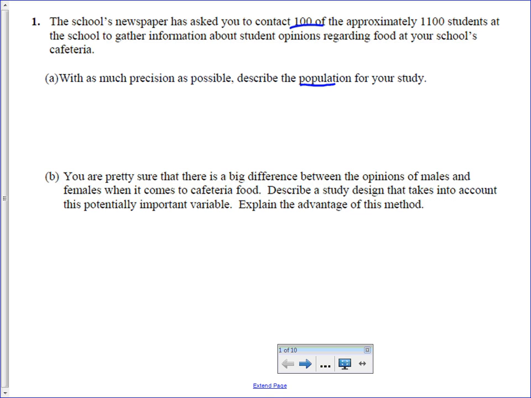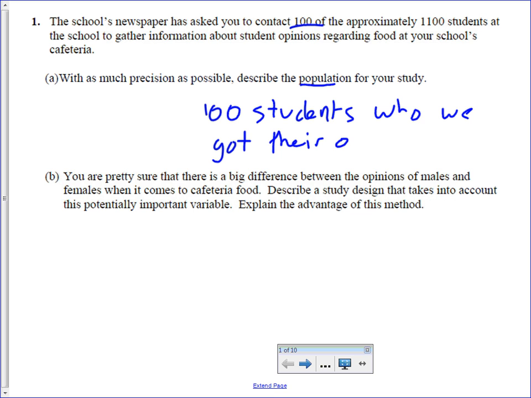It didn't say we randomly select, so we would say our population is the 100 students we got their opinion from, because we can't make any generalities about the general population unless we randomly select. If we randomly selected, then it would be the opinion of students at the school.